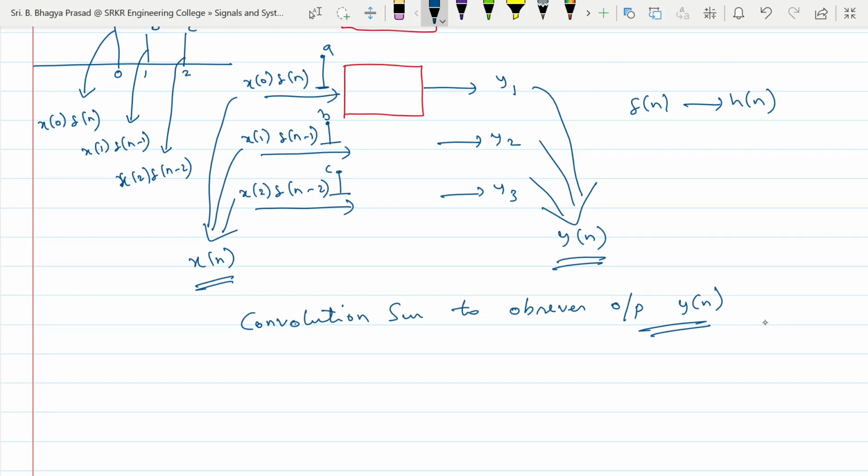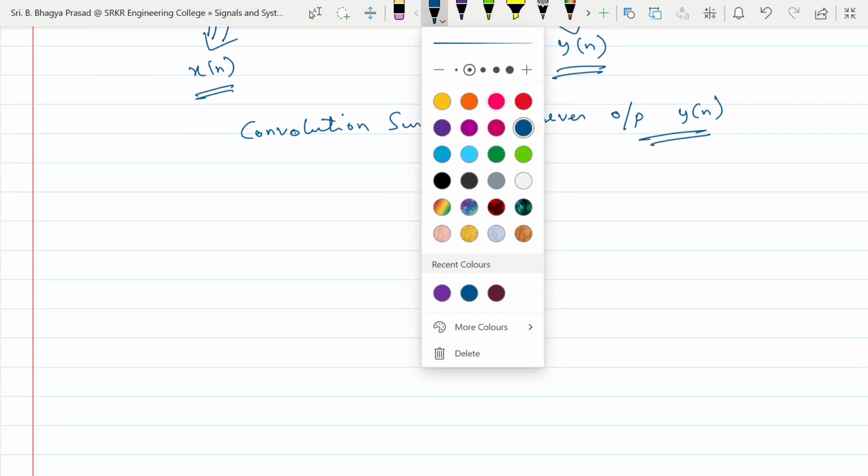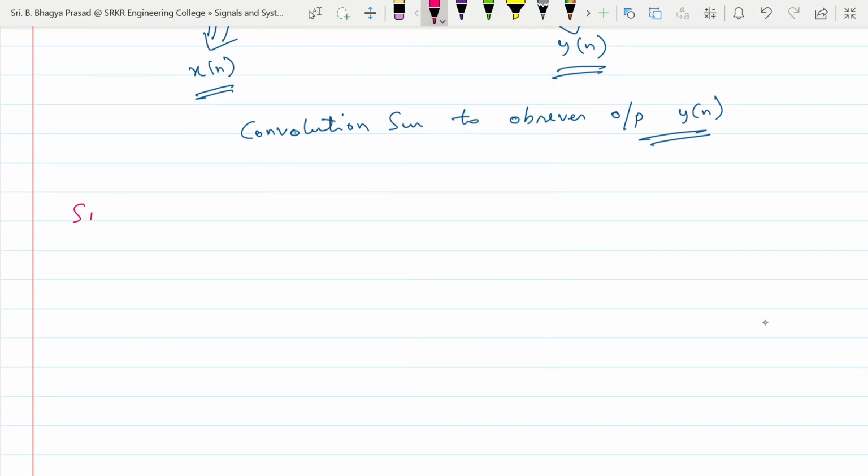You should not confuse the shifting property and the convolution.